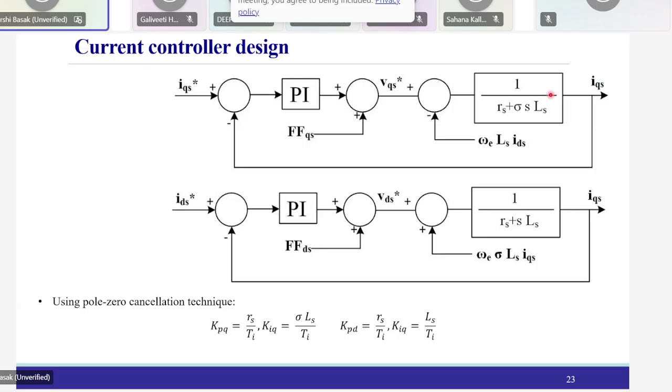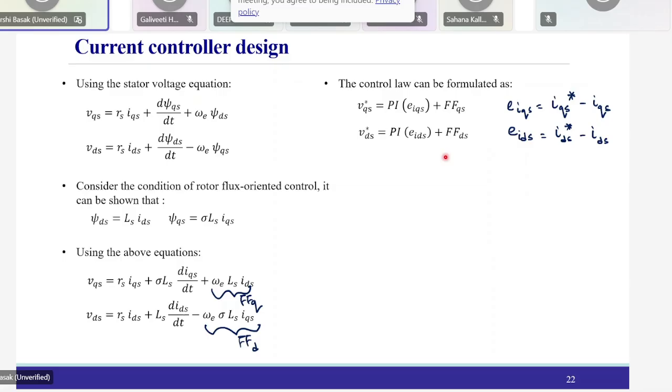Okay. So if you go for the feed forward compensation, basically this will also give a complete decoupling control actually.